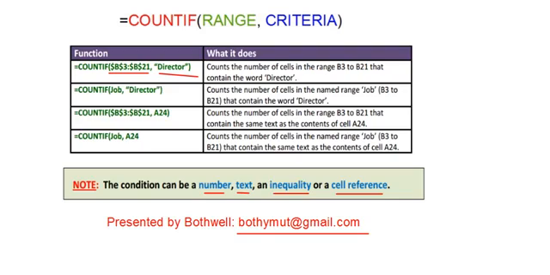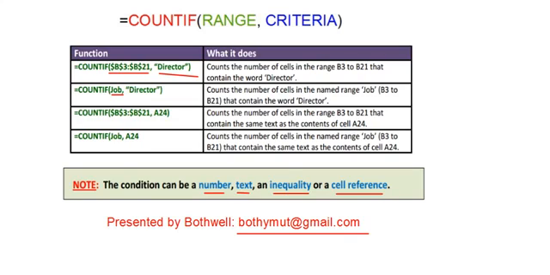Now in this case you're going to notice that we are using text. So our criteria is text, right? Which means you have to type it directly in your formula. And then the next one is almost the same thing, but the only difference is we are going to use a named range. I'm not going to concentrate much on this one because we've covered this in the previous lessons.